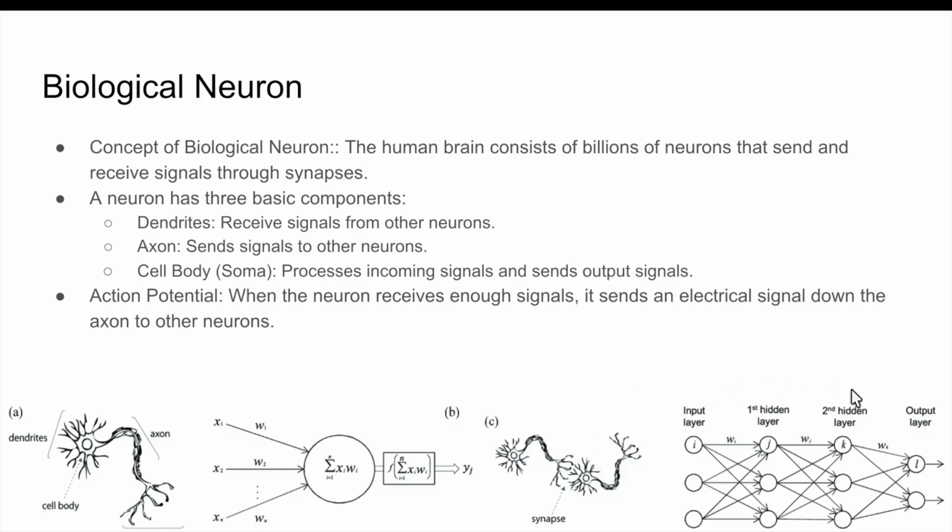Though I have shown only two cells, these dendrites and axons could be connected to multiple cells at once. That is what is shown over here. I hope this explanation was clear enough.